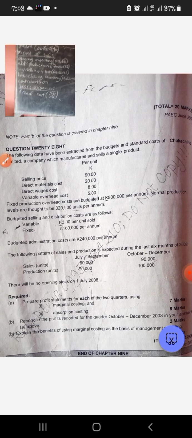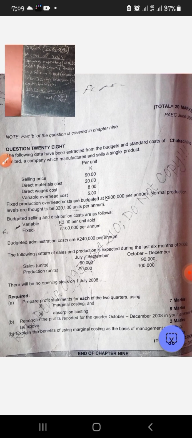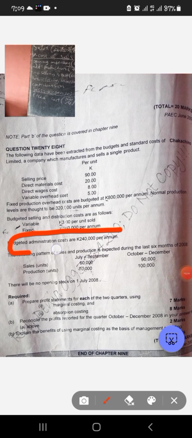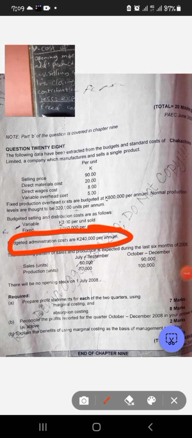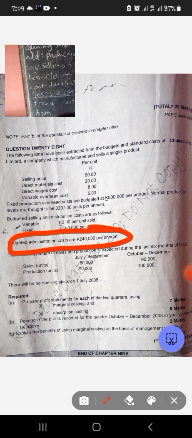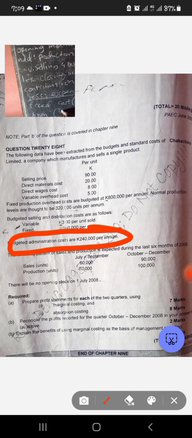All right, again we have been given another fixed cost there, the budgeted administration cost of 240. It's also per annum.